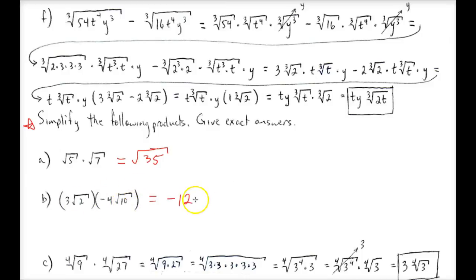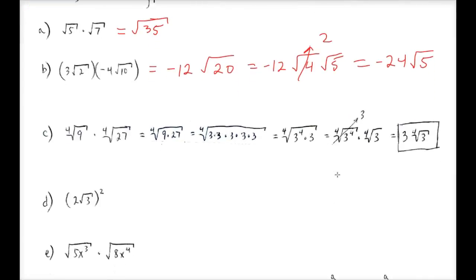Multiply everything that's on the inside, and that will be 2 times square root of 10, which is 20, okay? And of course, square root of 20 can be broken down to square root of 4 times square root of 5. We know that square root of 4 is just 2. So negative 12 times 2 is a negative 24. And then we append the square root of 5 at the end.